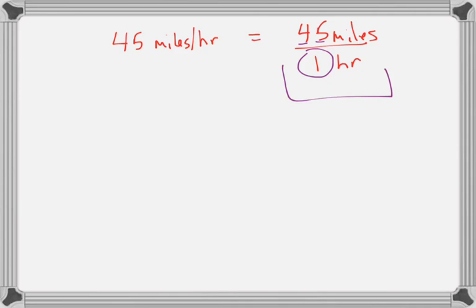That 1 that I personally brought in is an exact 1. Which means that 1 does not impact the sig figs. And what we're looking at are 2 sig figs. Does that make sense? I just want to make sure we're extra clear on that because I definitely confused that and botched that in the lecture.